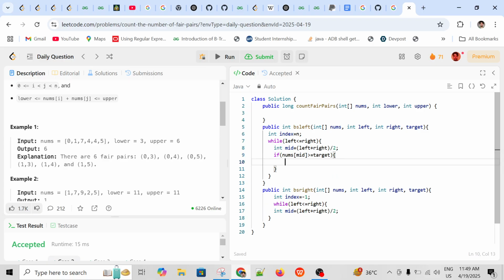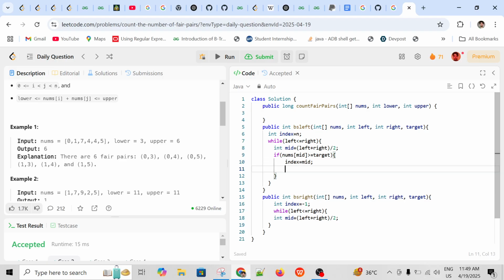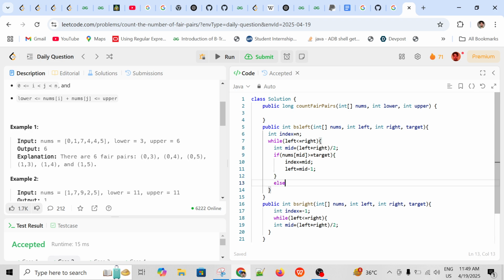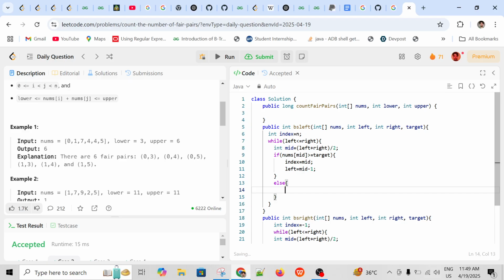So in this case what we can do is that index might be mid, and then we will reduce the right to mid -1, and otherwise left will be mid +1.